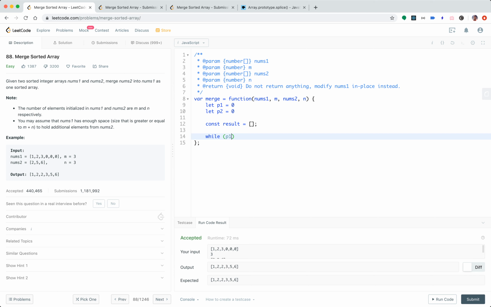While P1 is smaller than m or P2 is smaller than n. Let's say n, it's a bit simpler.